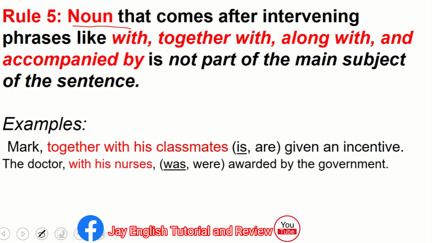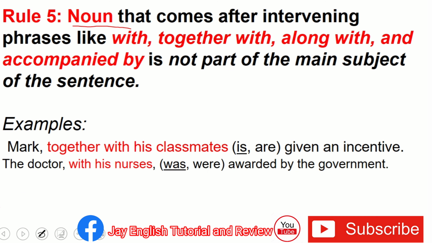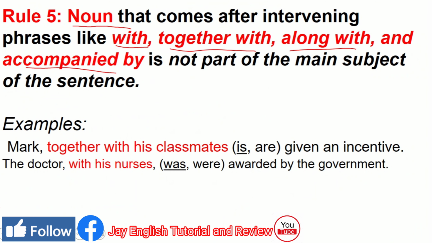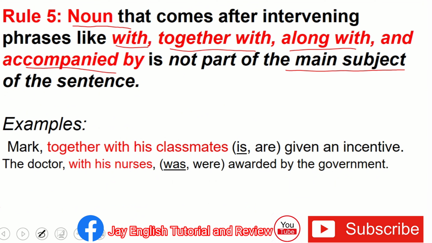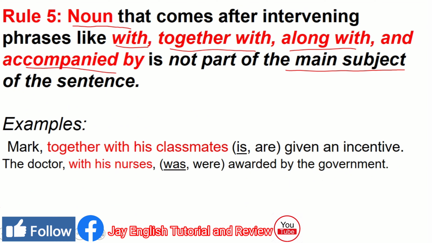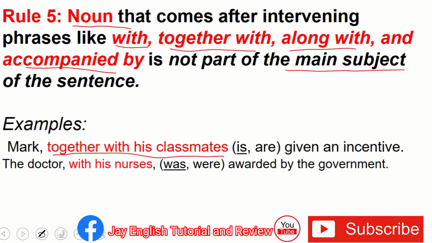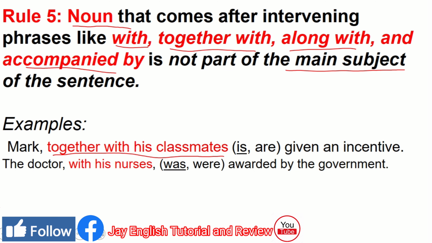A noun that comes after intervening phrases like with, together with, along with, and accompanied by is not part of the main subject of the sentence. For example, Mark together with his classmates is or are given an incentive. So in this example, we are using the intervening phrase "together with".